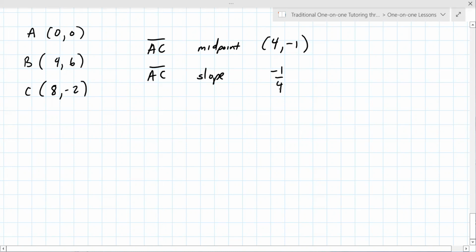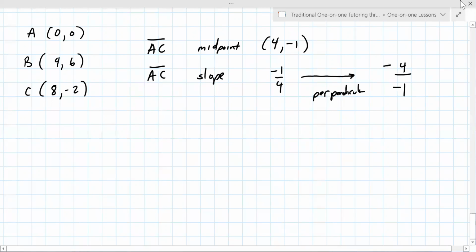Now do you remember how to find the perpendicular slope? So what you do is you flip the numbers. Do you see how I flipped those? The bottom one went to the top, and the top went to the bottom. And one more thing, you negate it.